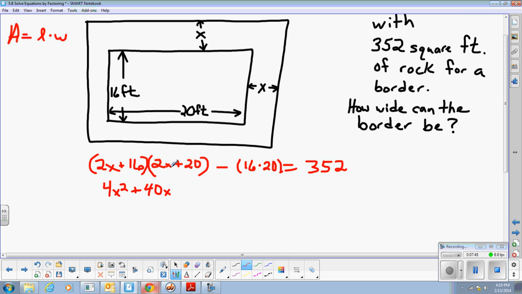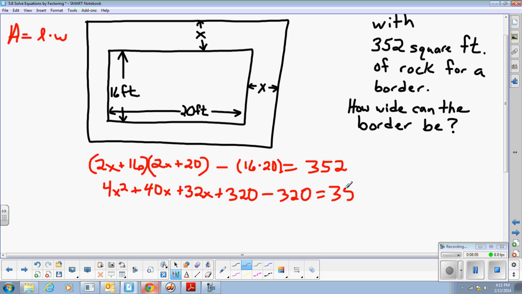And then I have 16 times 2 is plus 32x. And then 16 times 20, that's plus 320. And then I'm going to say minus another 16 times 20, so that's minus 320. And that all equals 352.